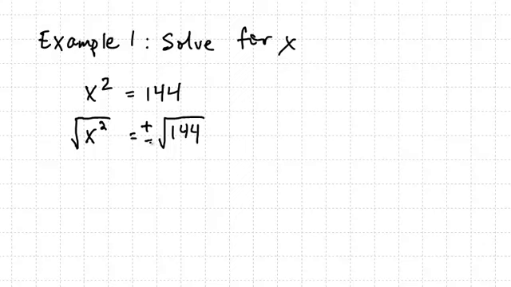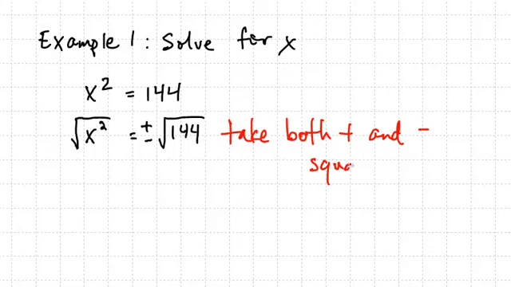So this plus and minus sign that I'm going to write in front of the radical tells me I'm going to take both the positive and negative square root. Okay, so let's write that down. Here we're going to take both positive and negative square roots, because both of those numbers will make the original equation true.